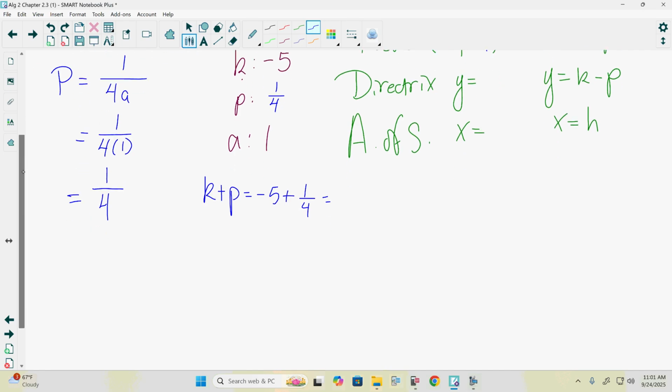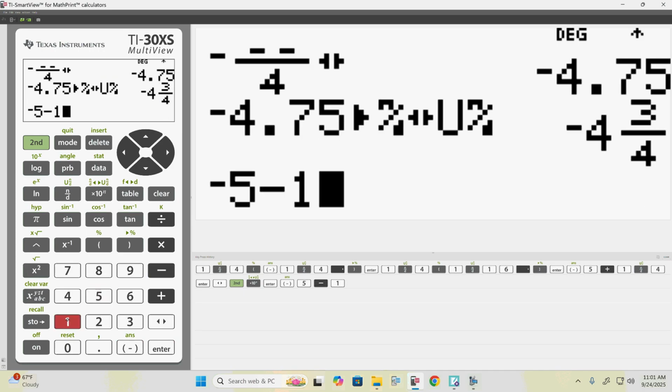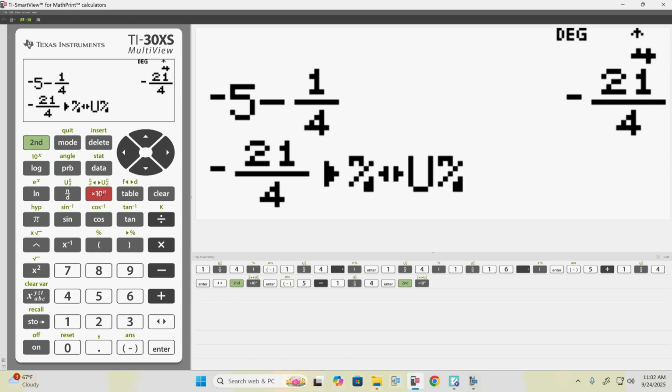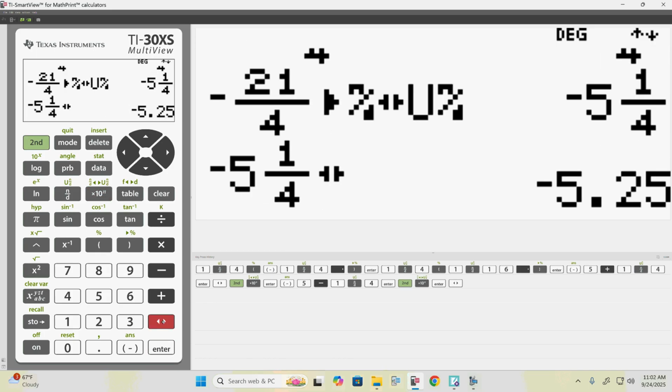Now, for directrix, we have to do k minus p, so negative 5 minus 1/4. Negative 5 and 1/4. Negative 5.25.